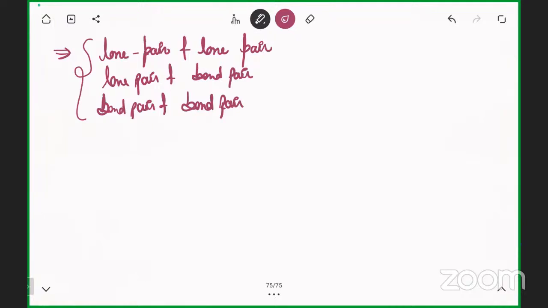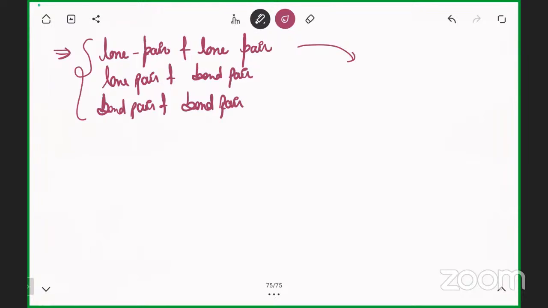Lone pair, sir. Achha, why? Why lone pair, lone pair? If we are saying something, there must be a reason. Anyone else? No? Okay. See, the answer is correct: lone pair repulsion is maximum.